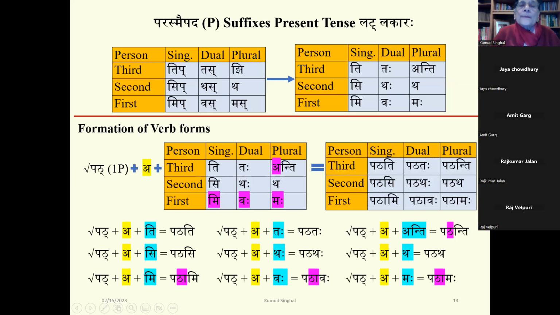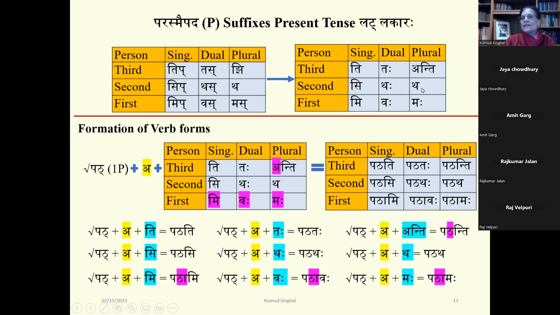Okay. Now I'm going to go through the parasmaipada suffixes in the present tense, or lat lakara. These are the 9 verbal suffixes. They simplify to ti, tah, anti, si, thah, tha, mi, vah, mah.